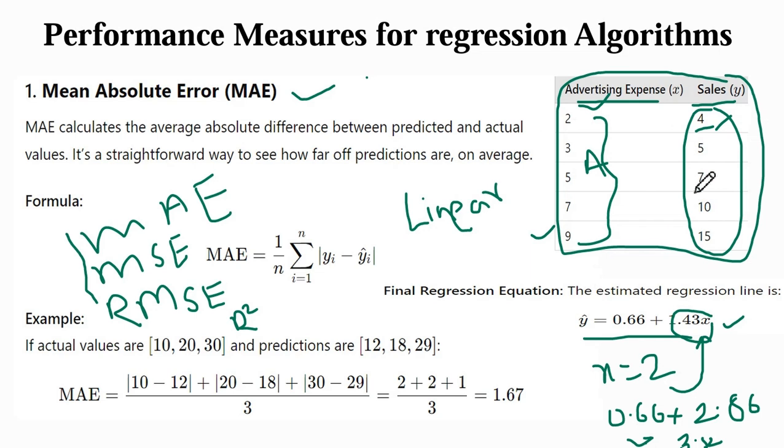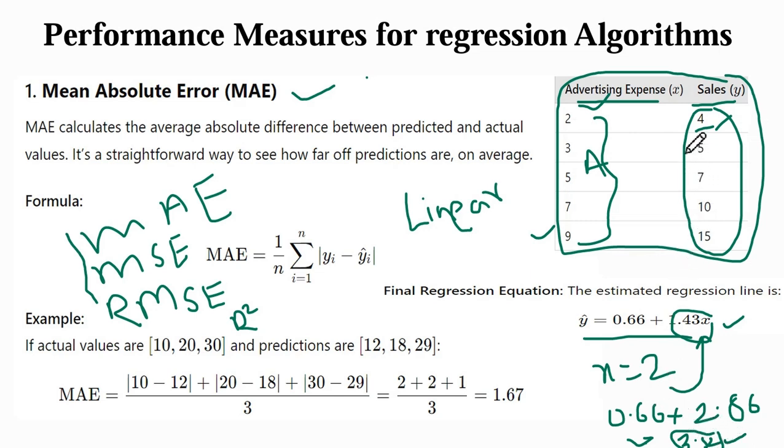That means we build the model on this dataset, and to that model we provide a test value x equal to 2. If you substitute x equal to 2 in this model, we get the value 3.52. This value is called the predicted value.